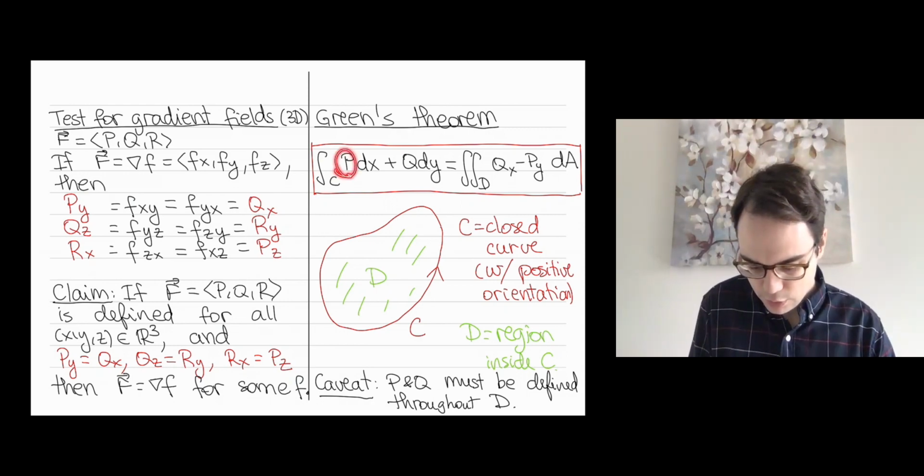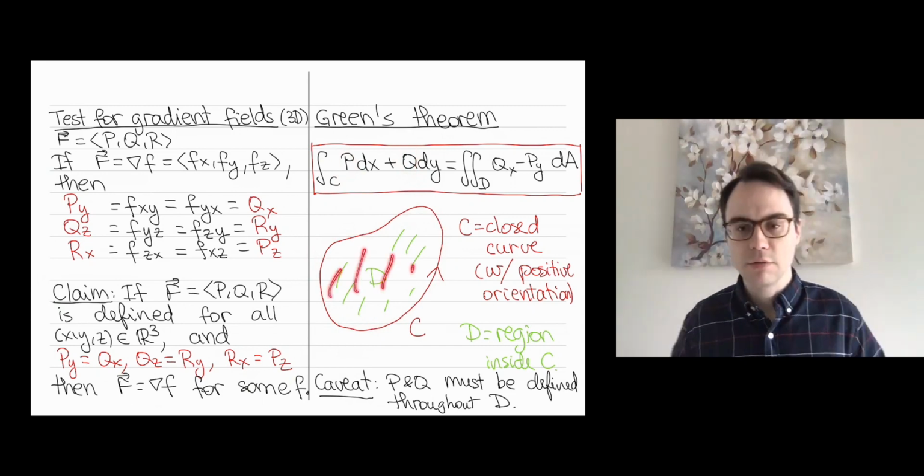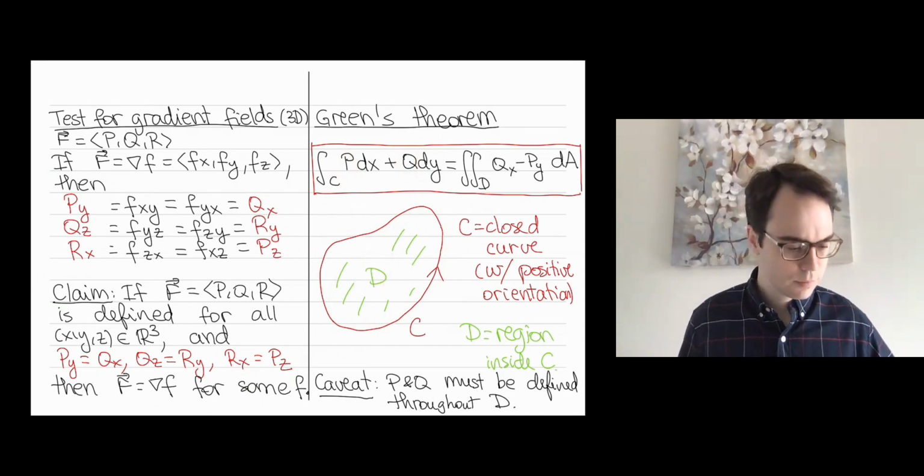Even though it seems I'm only using P and Q on the boundary, they actually need to be defined throughout the region D.